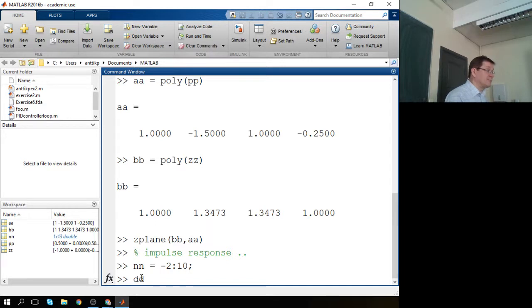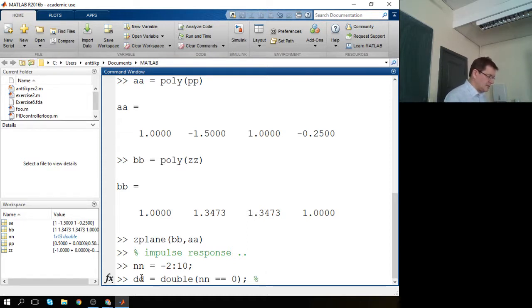Then the impulse is simply nn equals 0. I'll do the casting to double just for fun. MATLAB calculates nicely without it, but this makes sure we have double precision values instead of true/false values on that vector.